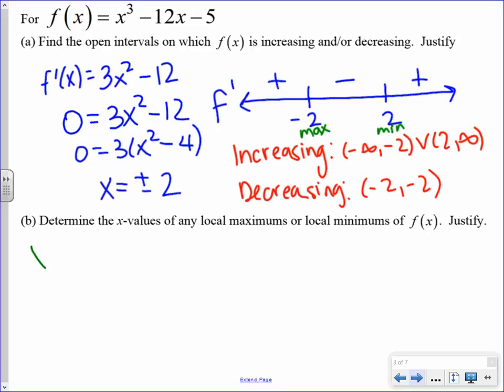So we decided there was a relative maximum at x equals -2.